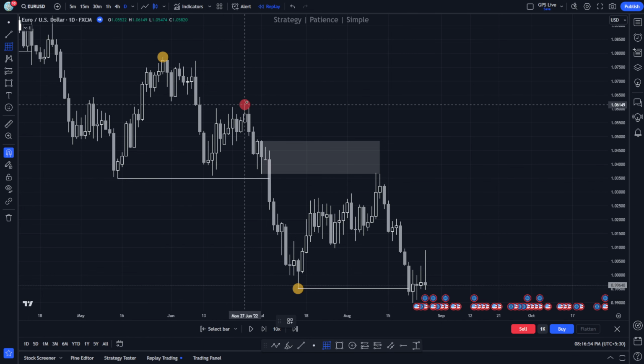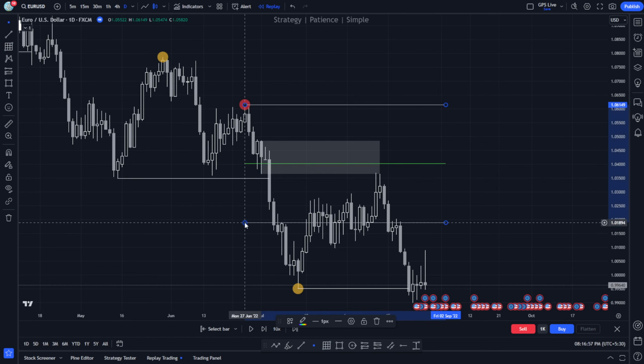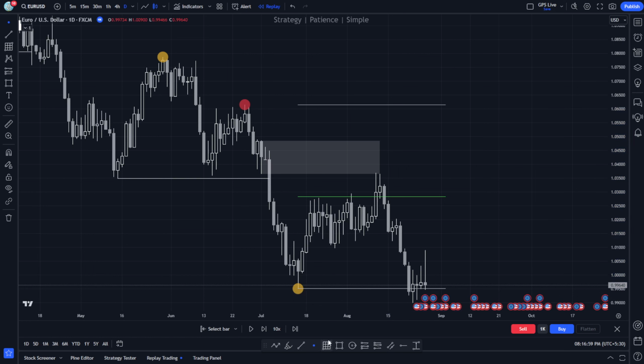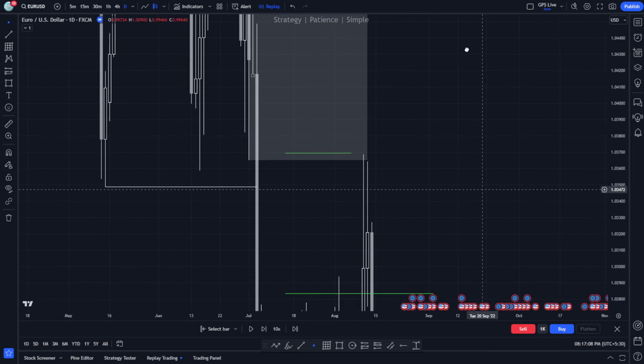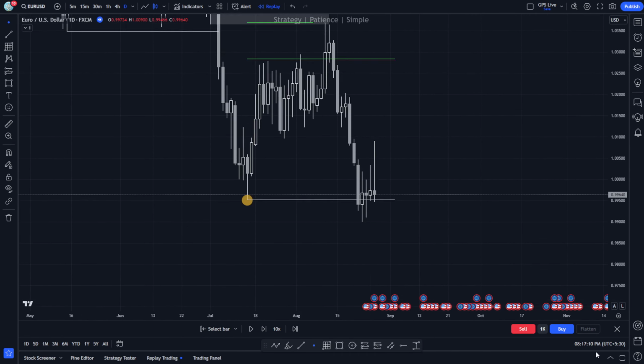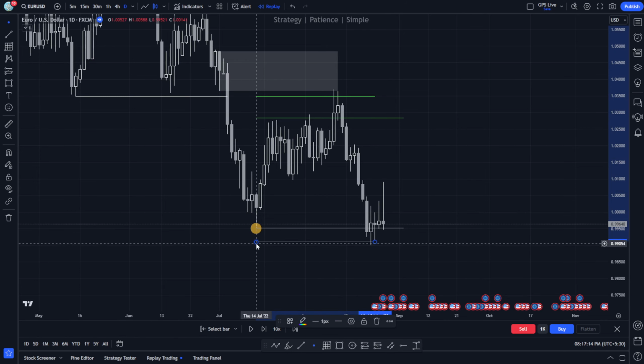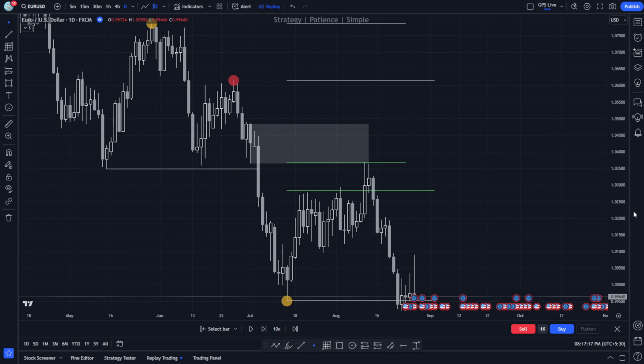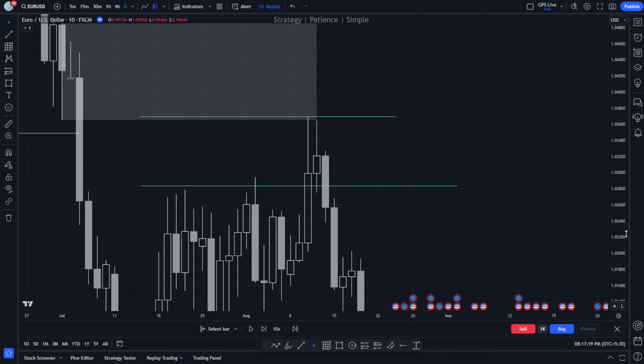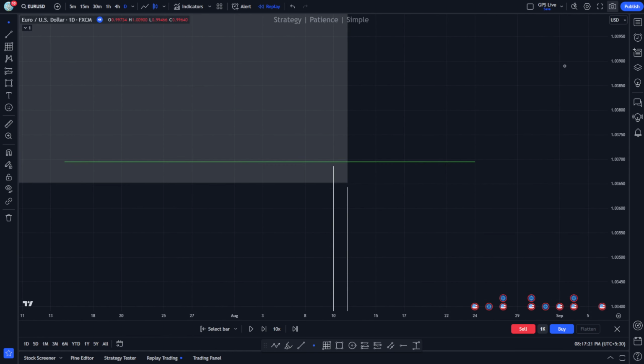So let's say instead of drawing it from here to here, instead let's say you drew it from here to here. So now if you look closely, I'll just extend this a little bit. Okay, now if you look closely, this is a very zoomed level, but you get the point, right?